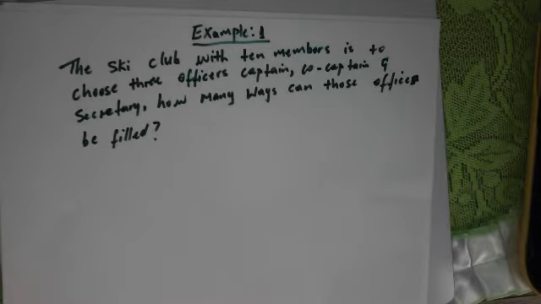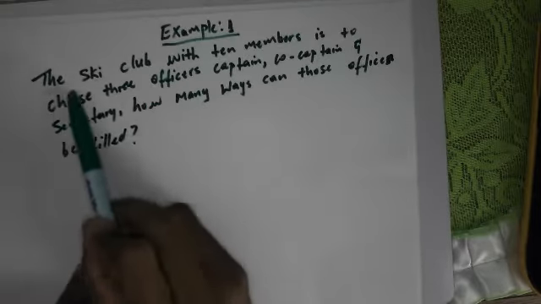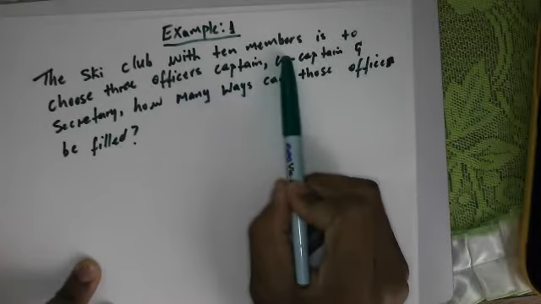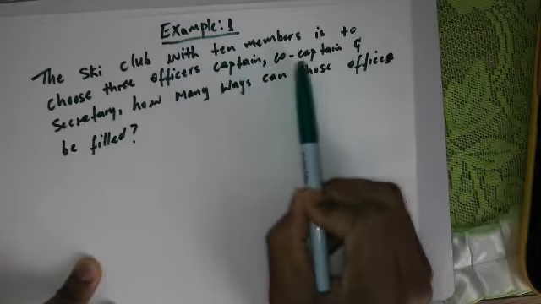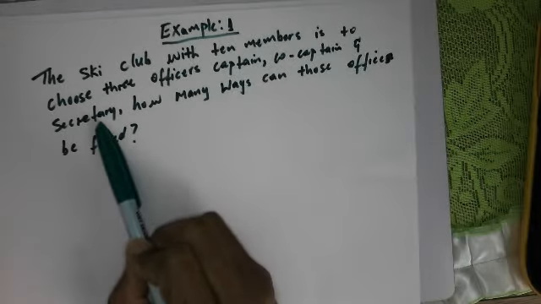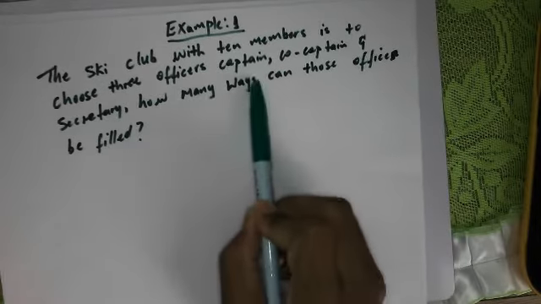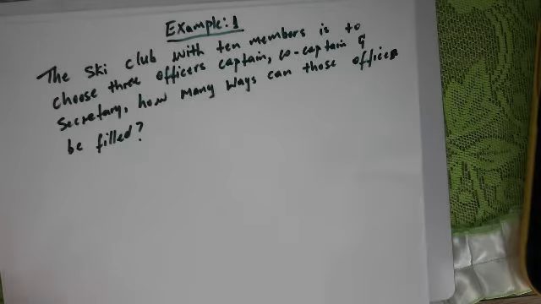Alright? Good. So this one says the ski club with 10 members is to choose 3 officers: captain, co-captain, and secretary. How many ways can those offices be filled?